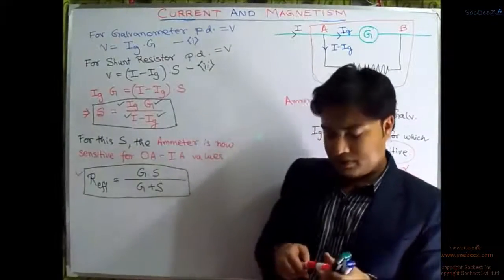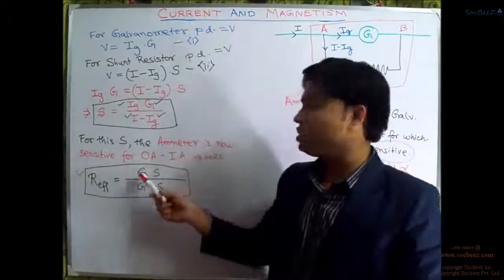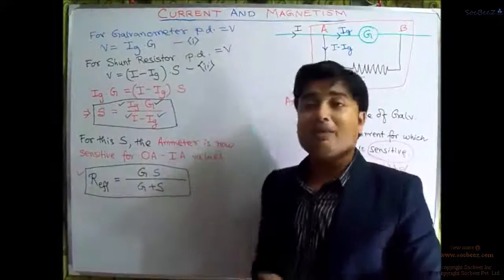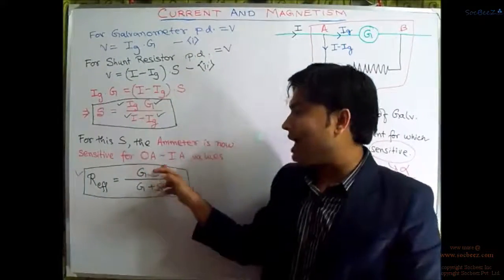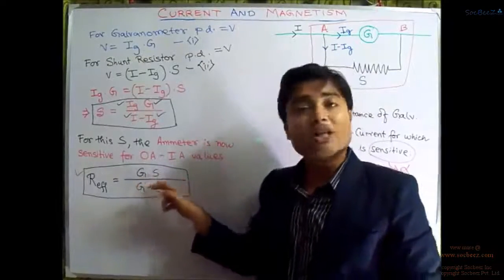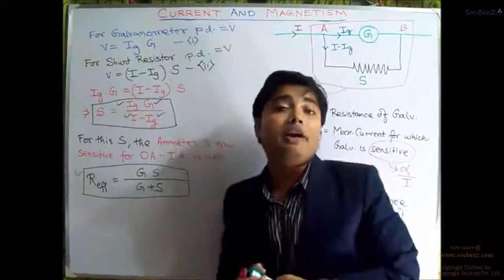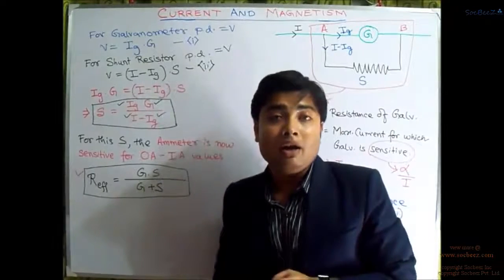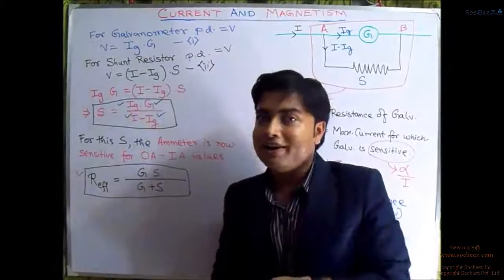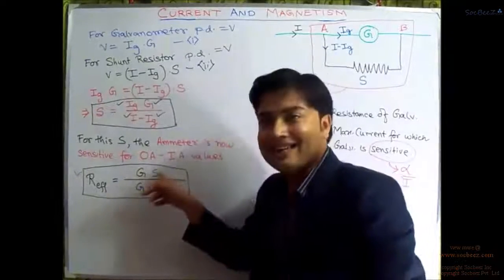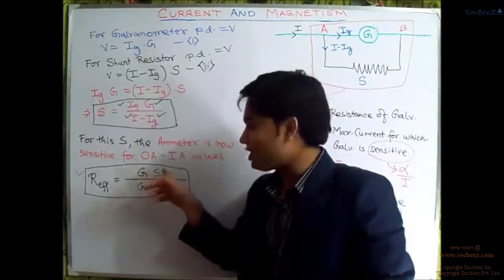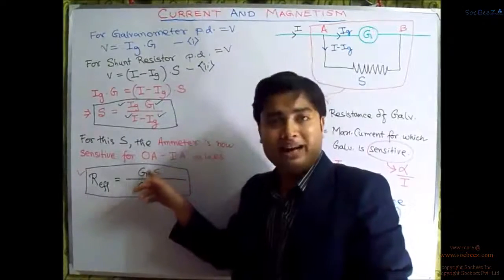Say for example, G equals 100 and S equals only 1. In that case it will be 100 multiplied by 1 divided by 100 plus 1, which equals 100 divided by 101, which means it is lesser than 1. If it is lesser than 1, obviously it is lesser than S as well as G, because this was 1 and this was 100.